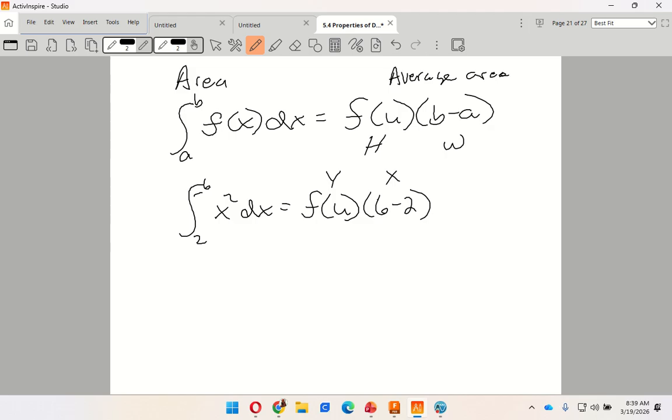So we came up that 208 over 3 is equal to f of u times 4. So you just divide by 4 to get your y value.